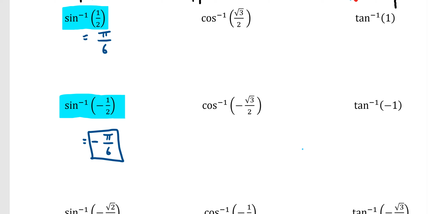I wanted to do these questions right next to each other just so we can see the similarities. Sine inverse of 1/2 is pi/6, so that means sine inverse of negative 1/2 is negative pi/6. Once again, even if you don't have the positive answer right in front of you, just pretend that the question is asking for the positive input first, and then just negate the answer afterwards.